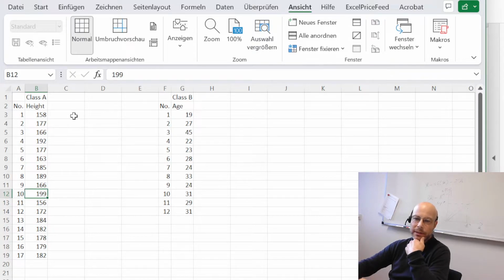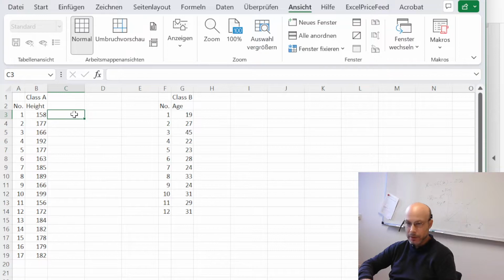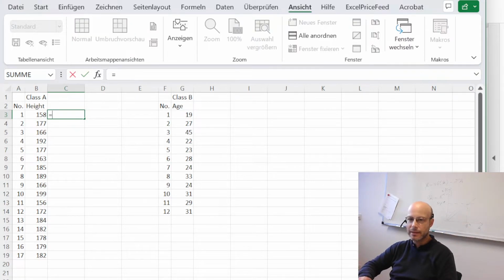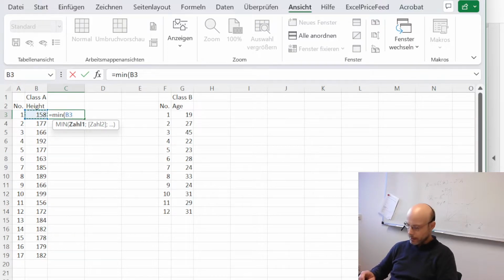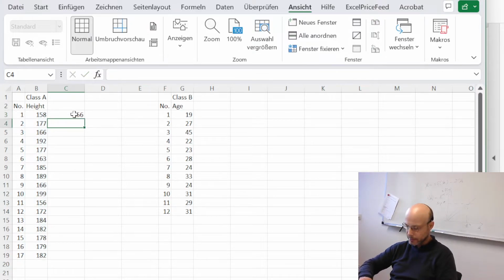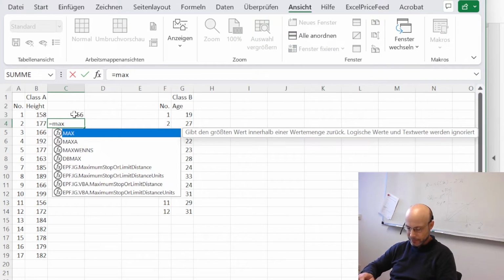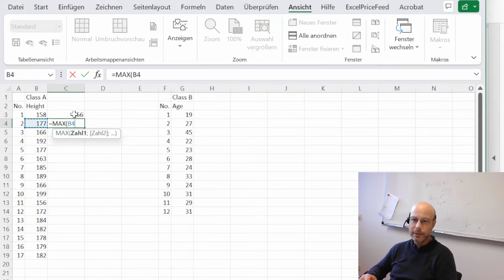These are the numbers, but of course we want to do it with a formula, because if you have 100 numbers or something like this, then it is not that easy just to have a look at your sample. So you have the formula minimum of our numbers, and we have the formula maximum of our numbers.